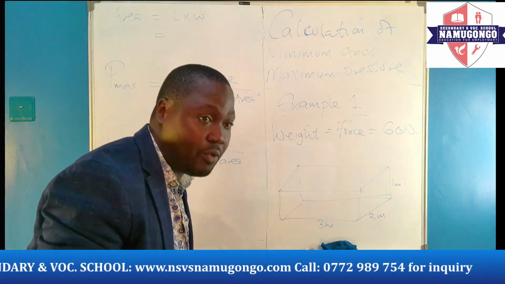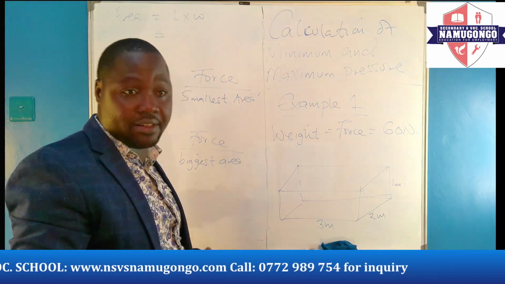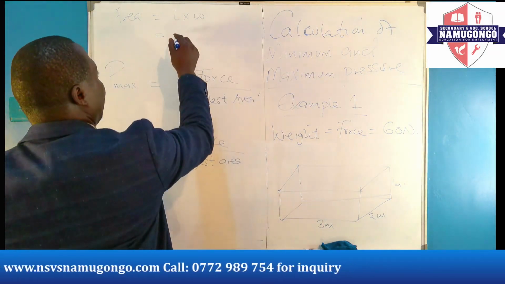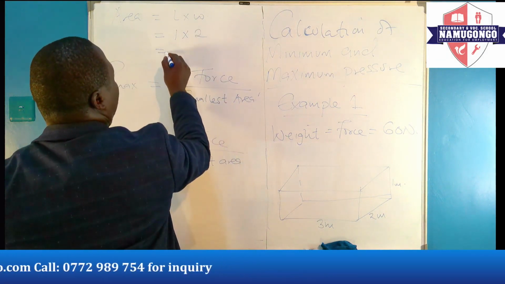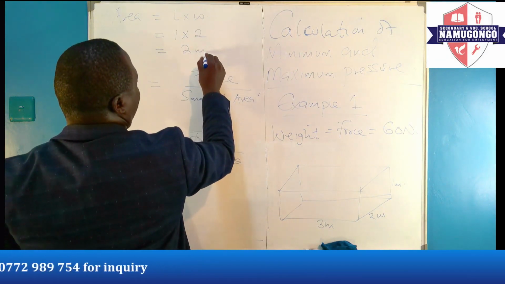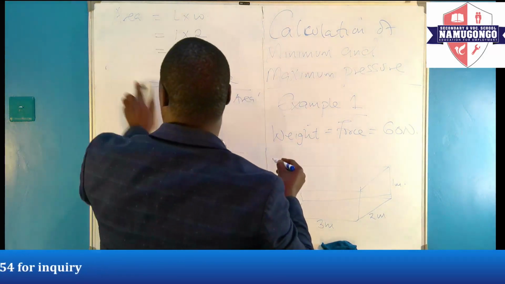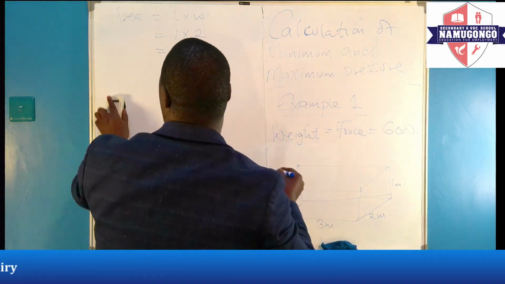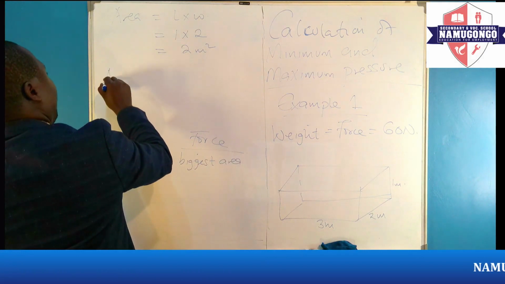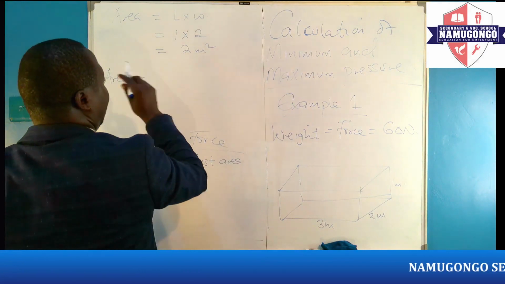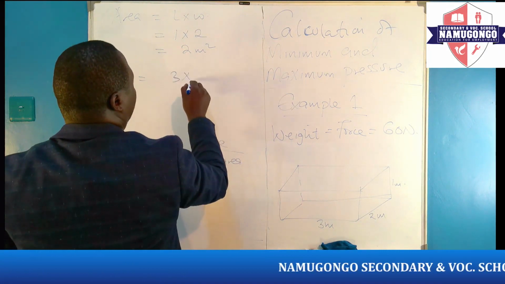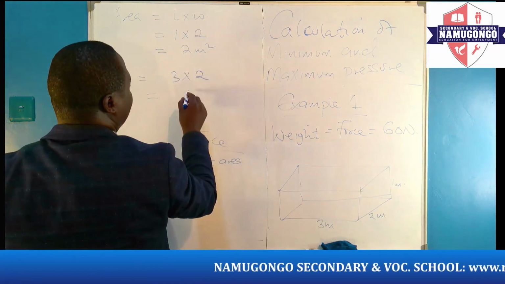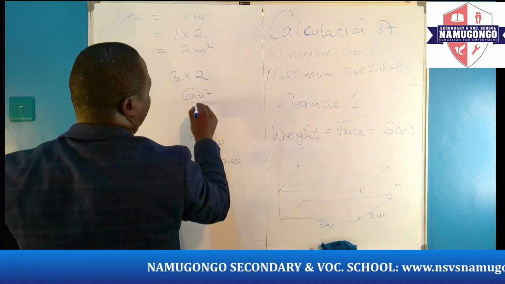For example, we have 1 meter, we have 2 meters, and 3. You can see that if I multiply 1 times 2, I'm going to get 2 square meters. That's the area. Or another one can be 3 times 2, which gives 6 square meters.